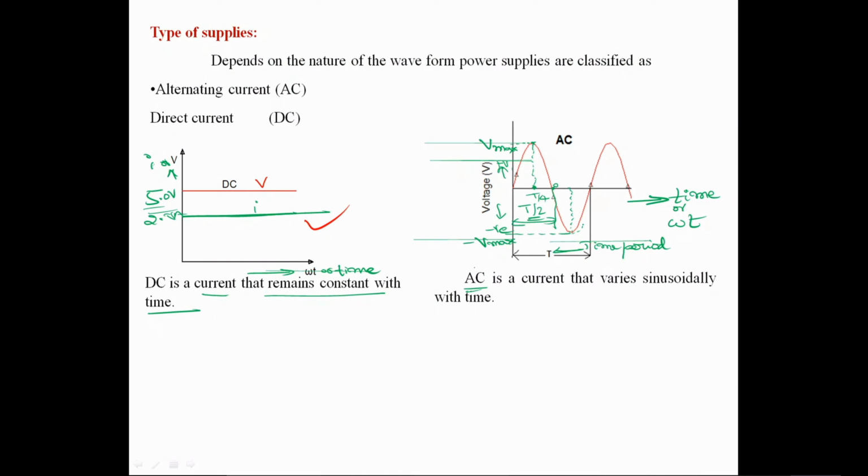Then after that it once again decreases to 0, and this cycle is repeated, and దీన్ని one cycle అని అంటారు. One cycle, అంటే this is one positive, ఇదంతా కూడా పాజిటివ్ హాఫ్ సైకిల్ అంటారు, and this we call as negative half cycle.